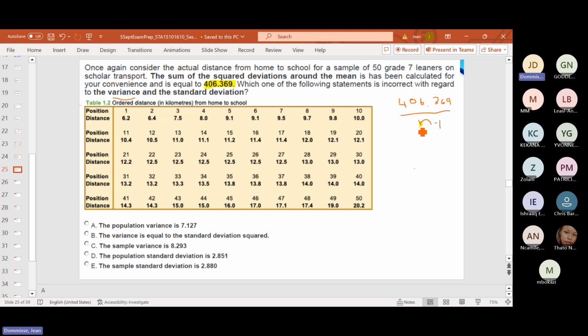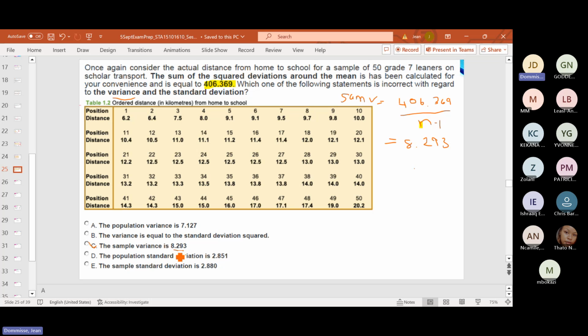So 406.369 divided by 49 gives us a variance of 8.293. So let's quickly check. Sample variance 8.239, which is correct.